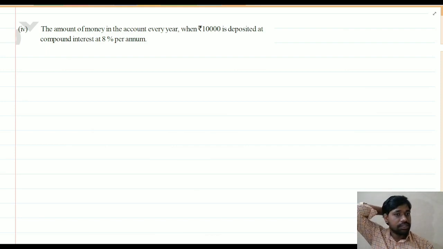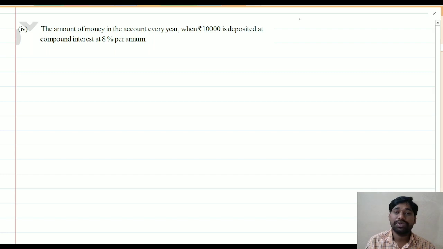Next, the amount of money in an account where every year 10,000 is deposited at compound interest at 8% per annum. To do this, you have to know the compound interest formula from class 8 mathematics: principal into (1 plus rate of interest in percentage by 100) whole power n, where n is the number of years.